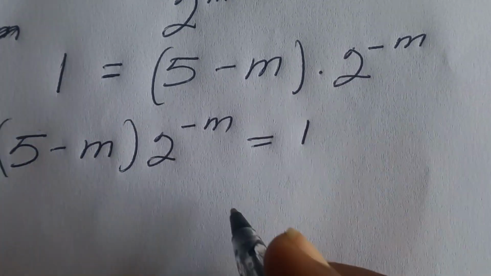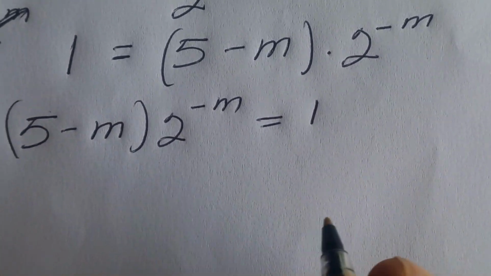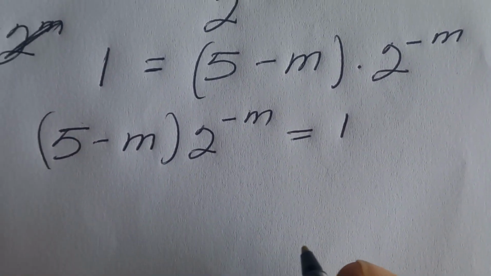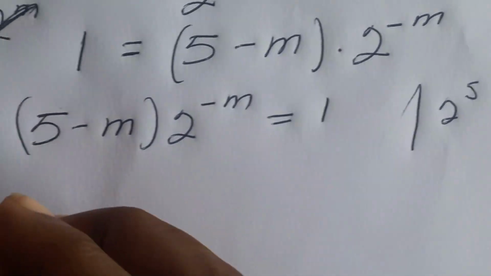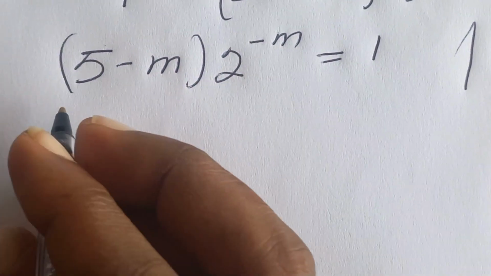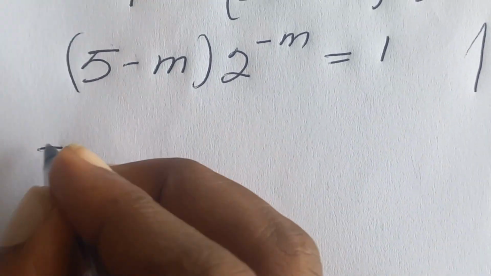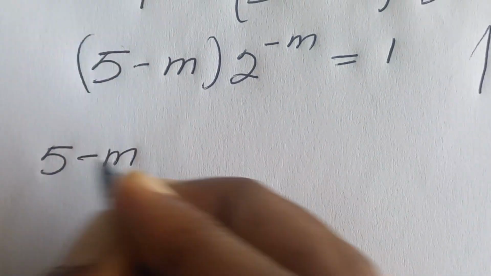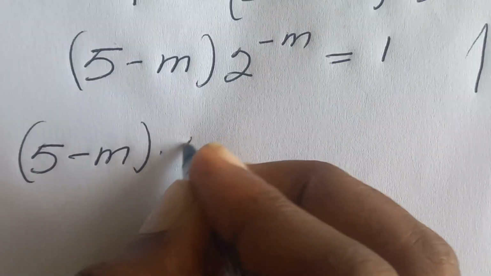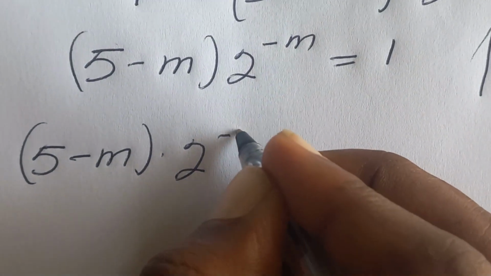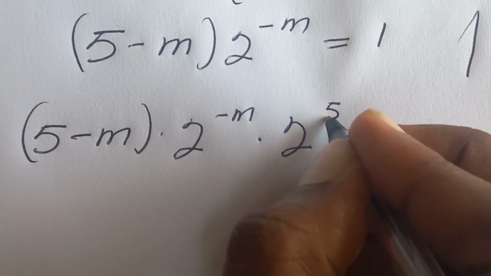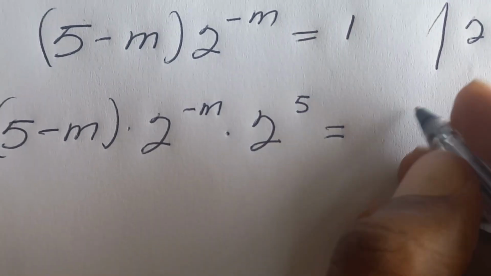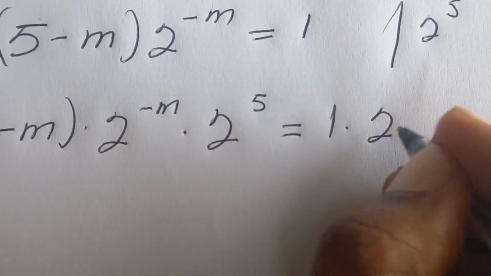Okay. From here, let us multiply both sides by 2 exponent 5. We will have 5 minus m bracket times 2 exponent negative m multiplied by 2 exponent 5 is equal to 1 multiplied by 2 exponent 5.